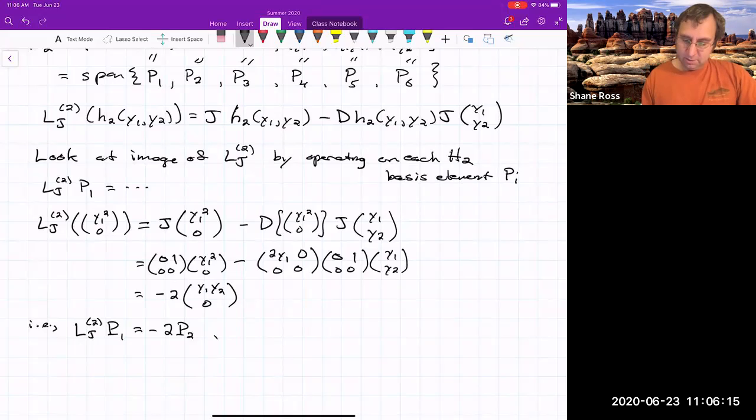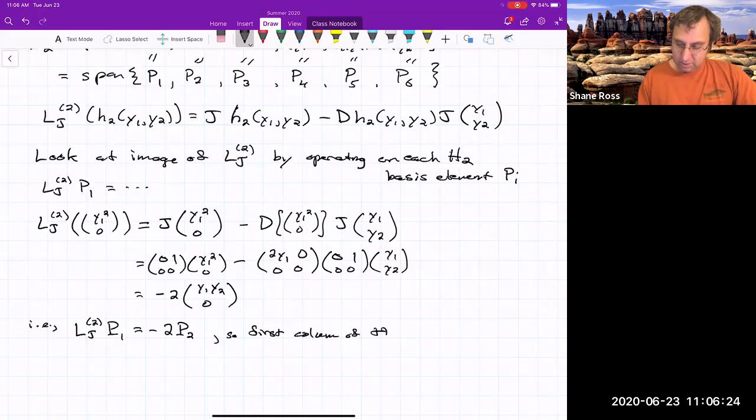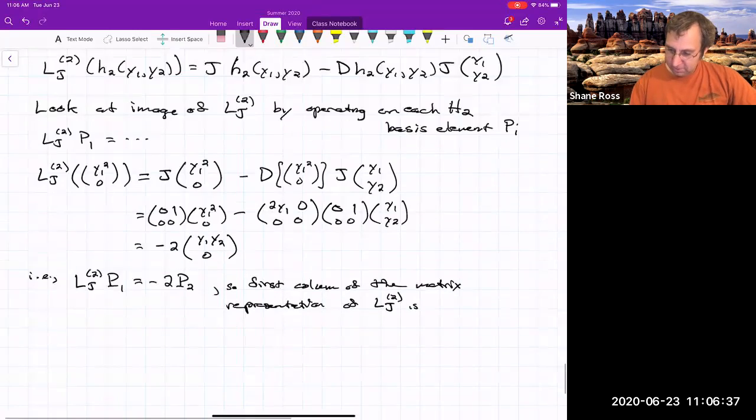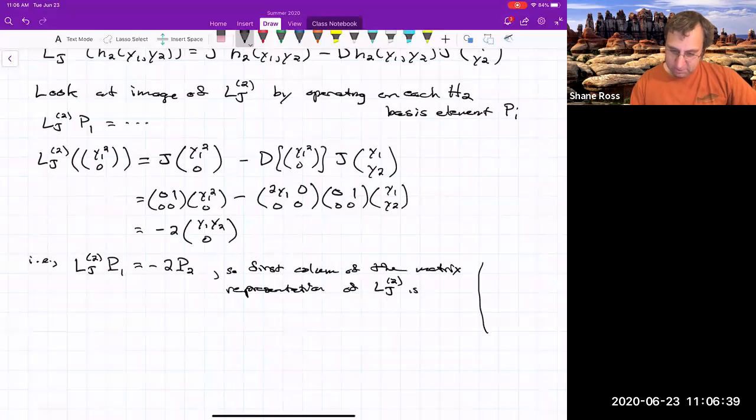So this means L_J2 operating on P1 gives us negative 2 P2. So we're going to do a matrix representation. The first column of the matrix representation of L_J2 is going to be 0, then negative 2, 0, 0, 0, 0.